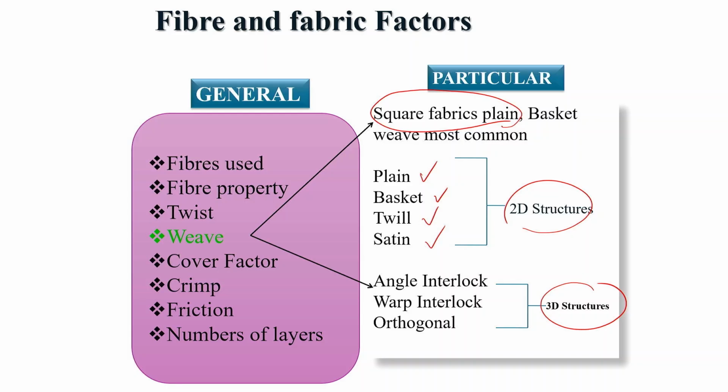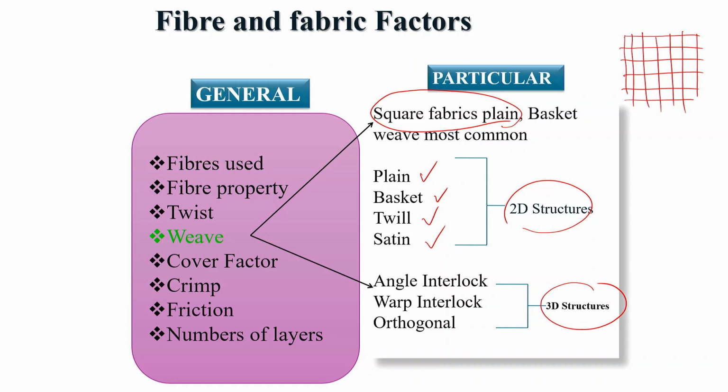So, what is a square fabric structure? Basically, you can say it is a balanced fabric where the warp side and weft side characteristics are almost exactly the same.